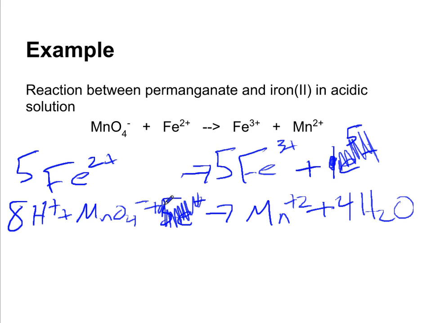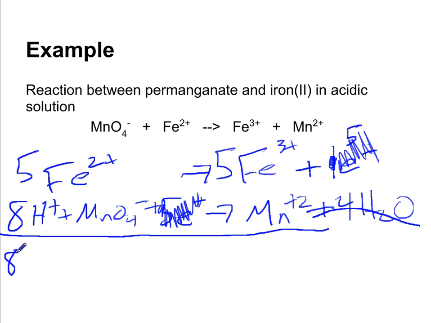At this point, if there are any water molecules or hydrogen ions that show up on both sides, they can be canceled out as well. We don't have any in this example. Since we've canceled out the electrons, what we'll do now is just add these together.